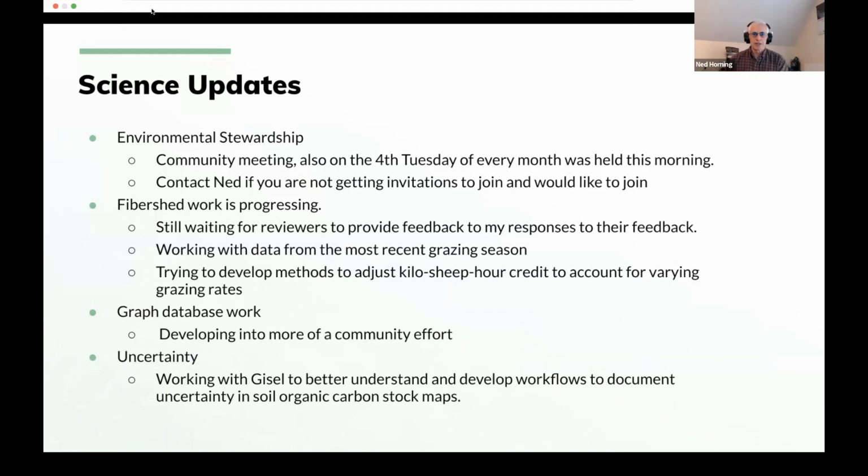The other thing I'll mention is that I'm working with Giselle to better understand and also create workflows to document uncertainty in the soil organic carbon maps, the soil organic stock maps that we're creating. Uncertainty is becoming, well, it is important. It's always been important, but I think it's becoming more visible in carbon markets and also other markets as well. So I think this is a good time to really get a better understanding of uncertainty.